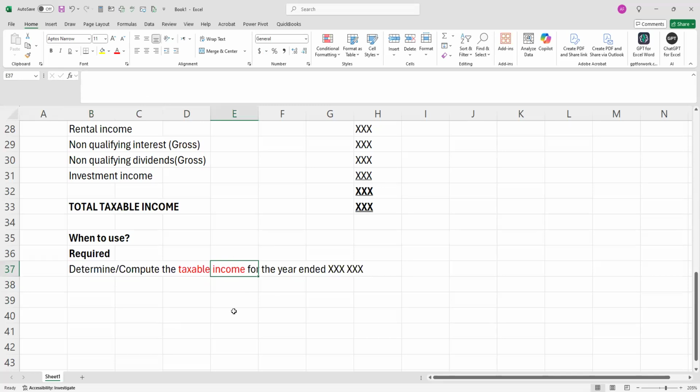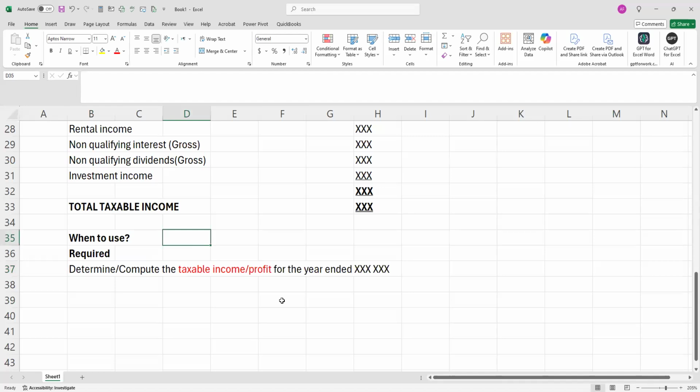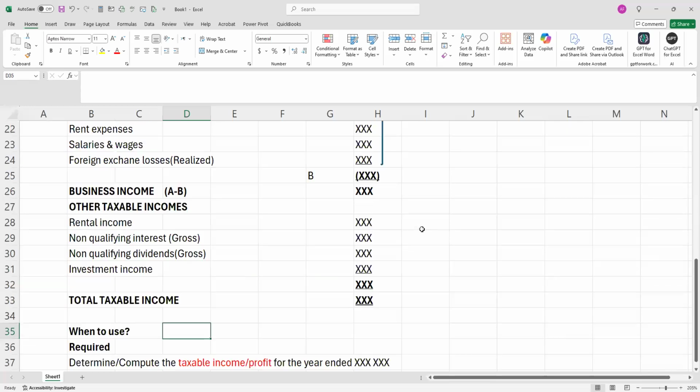You can be told taxable income, or profit or loss for the year ended. You'll get the difference when we look at the reported profit approach.